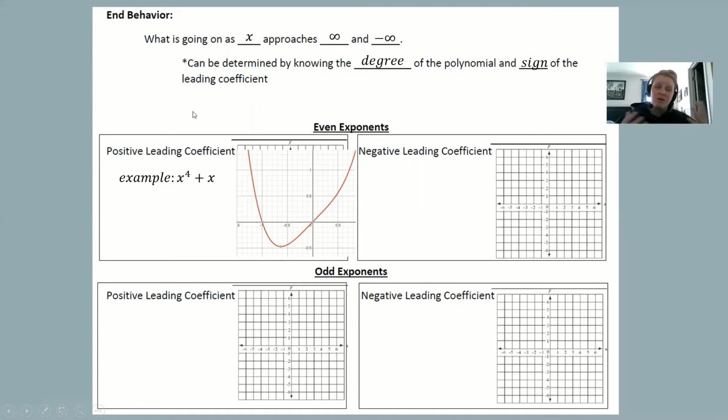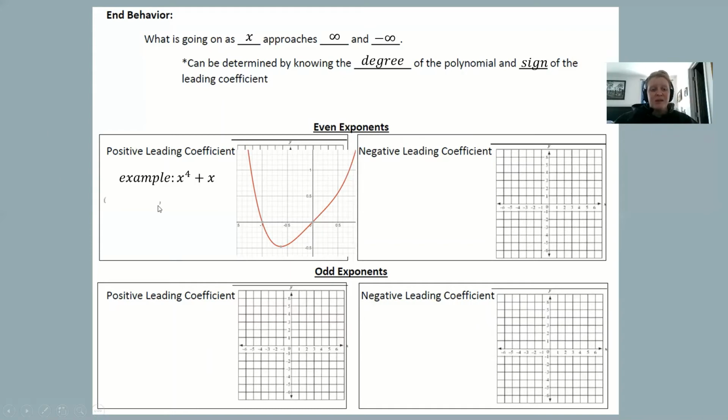So we know that positive x squared kind of looks like a smiley face. So this is also going to kind of look like a smiley face overall. It might have some weird stuff going on in the middle, but the ends are still going to both be pointing up. So we would technically say, on the far left side, it's going up, and on the far right side, it's going up. So it points upwards on both ends.